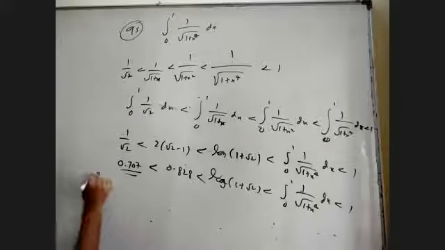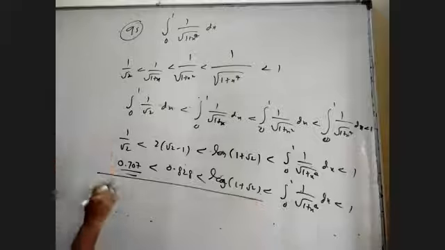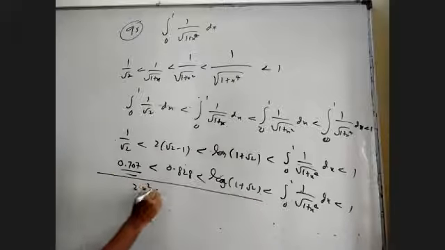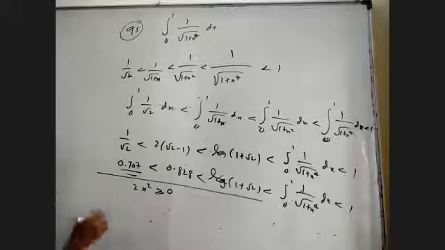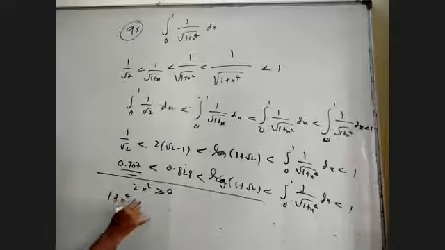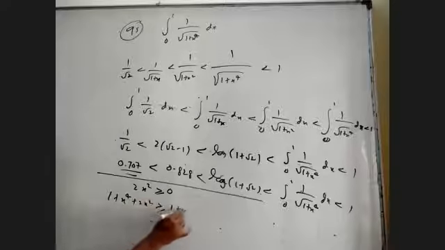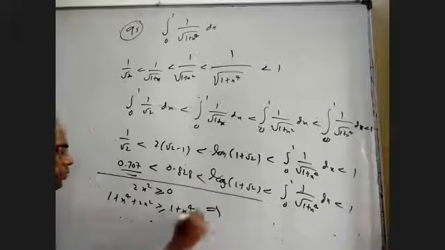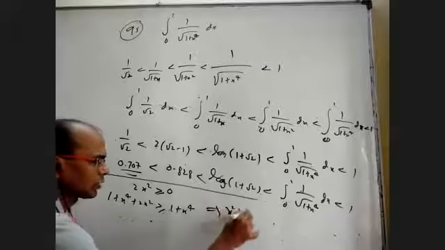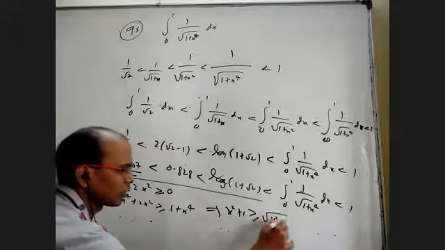I can say 2x square is greater than or equal to 0. So 1 plus x power 4 plus 2x square is greater than or equal to 1 plus x power 4. And when I apply square root, x square plus 1 is greater than or equal to root over 1 plus x power 4.